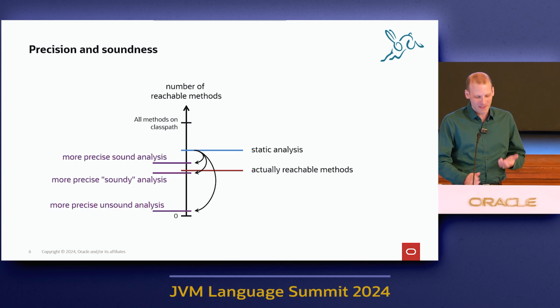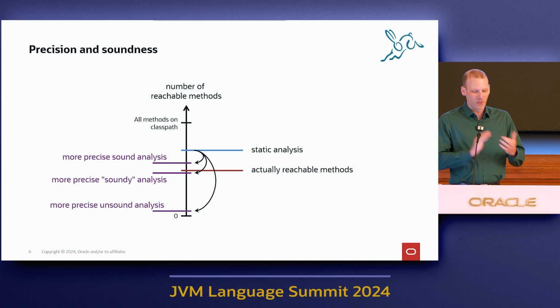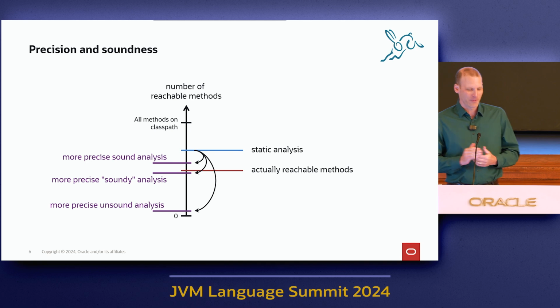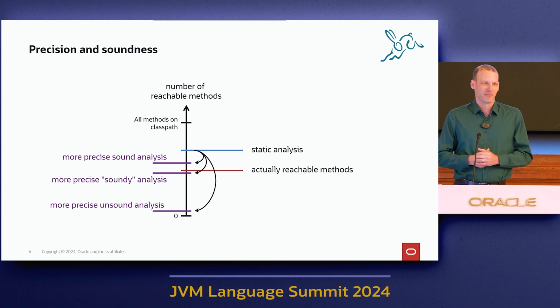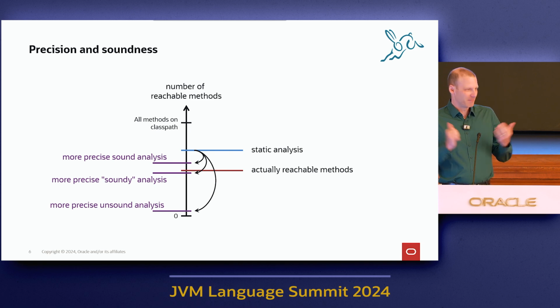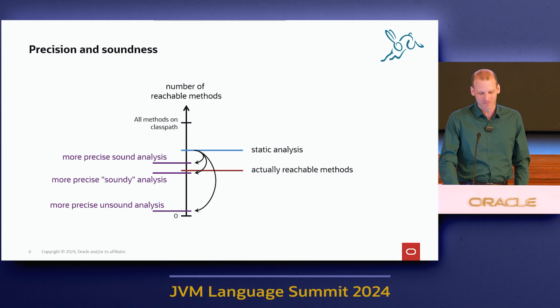Do I have just a soundy analysis where I'm missing a few of my reachable methods? Or have I reached the point where I really have a completely unsound analysis now? Because obviously, I can make a very precise analysis that also runs very fast, that just says nothing in my application is reachable. It takes no time. It's 100% precise, but also not really useful.